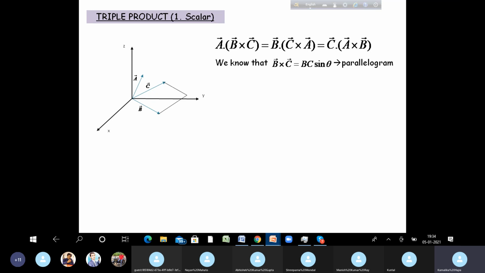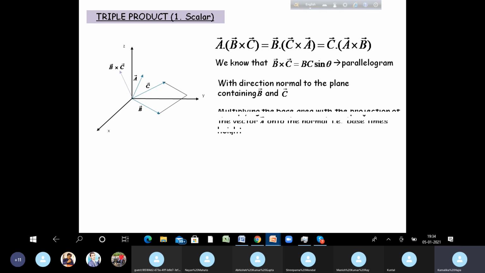The magnitude is given by the parallelogram, and the direction is normal to the plane containing B and C. So when you are taking the dot product of A with the normal to this parallelogram formed by B and C, it means that you are multiplying the base area with the projection of the vector A onto the normal.